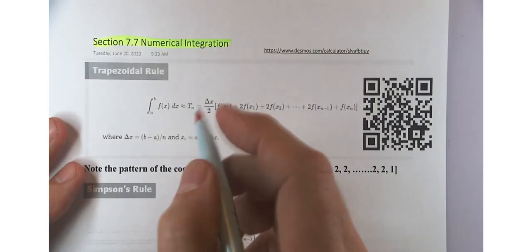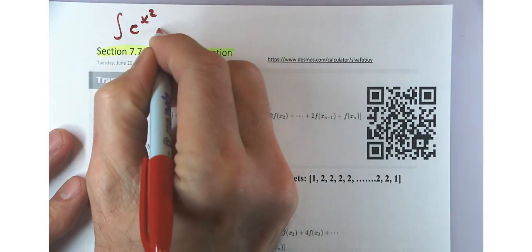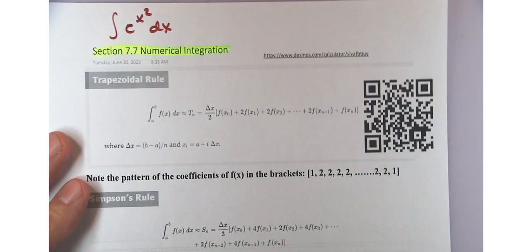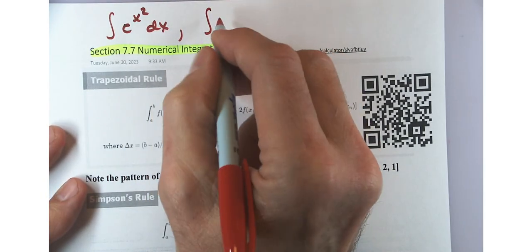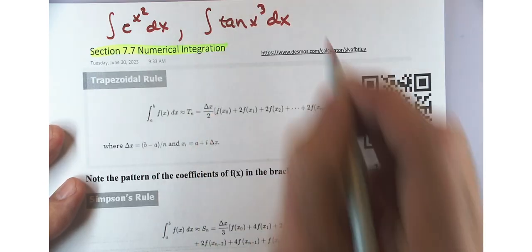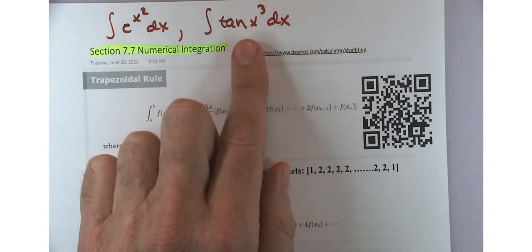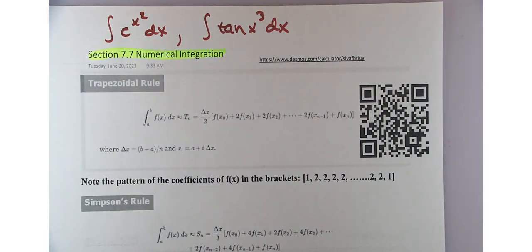An example would be the integral of e to the x squared dx. Another one might be the integral of tangent of x cubed dx. I don't know, maybe there's something obscure for that one, but I don't think there is for this one. And it becomes a problem to try and find some answers to these questions.